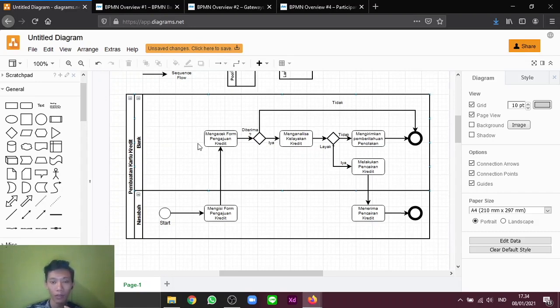After that, if rejected, the process is done, but if the form is approved, the nasabah gets the pencairan kredit. Like that. Thank you.